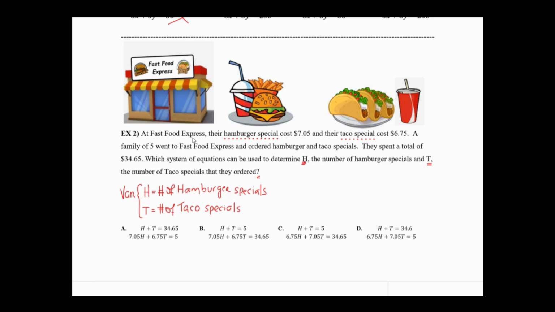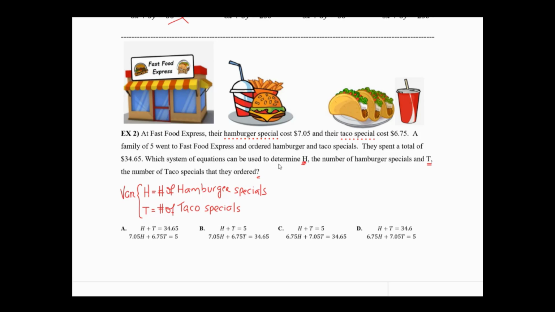So at Fast Food Express, so basically a restaurant called Fast Food Express, their hamburger special costs $7.05 and their taco special costs $6.75. A family of 5 went to Fast Food Express and ordered hamburger and taco specials. They spent a total of $34.65.